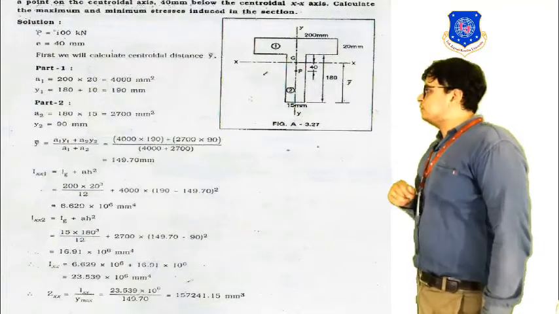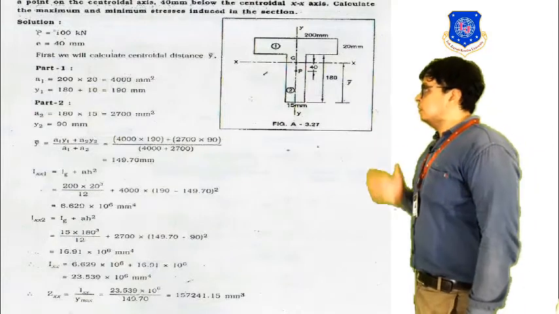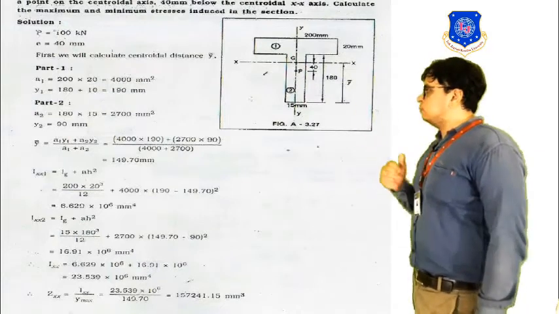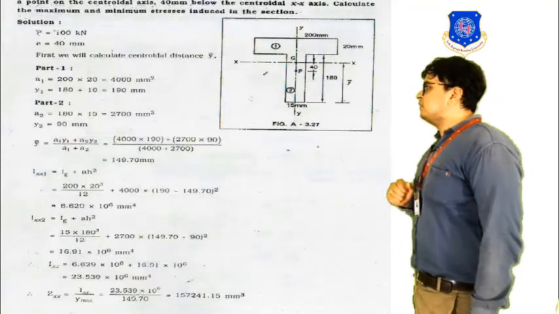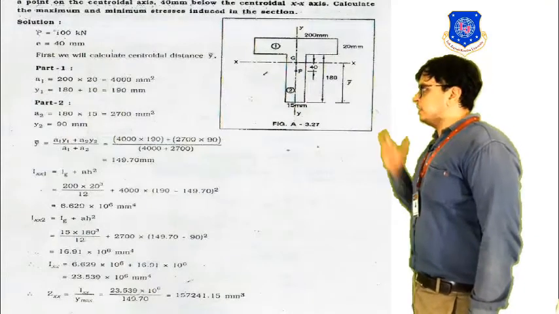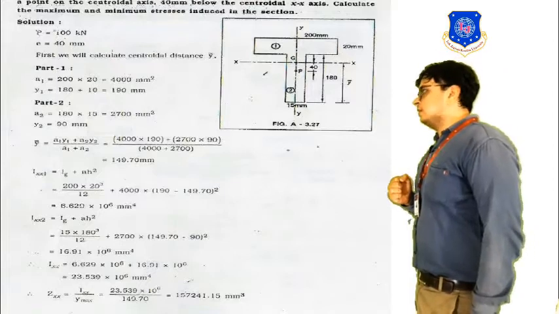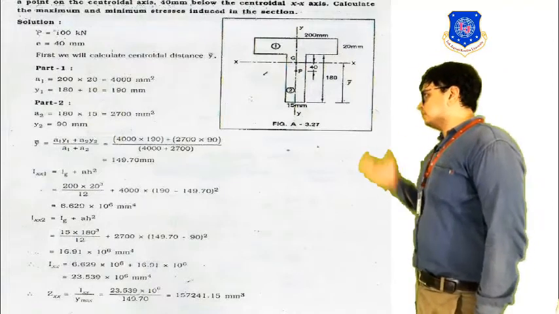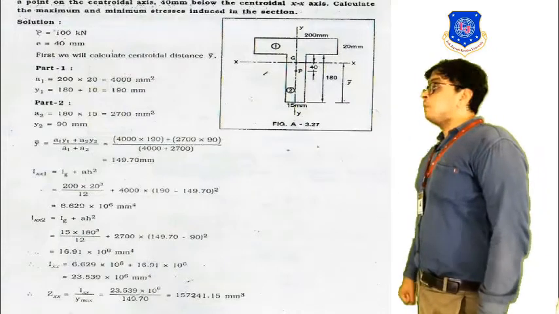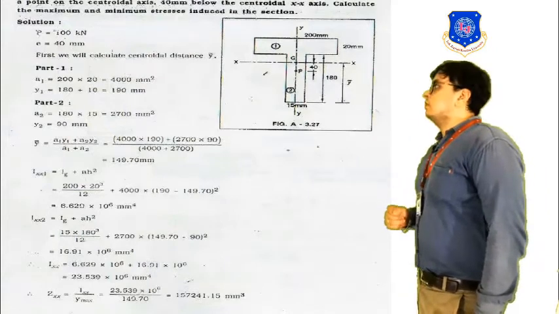We have found the moment of inertia of both the members of the division we have made. Ultimately, we have divided the section into the top rectangular section and the bottom vertical rectangular section, means the top flange part and the bottom web part.